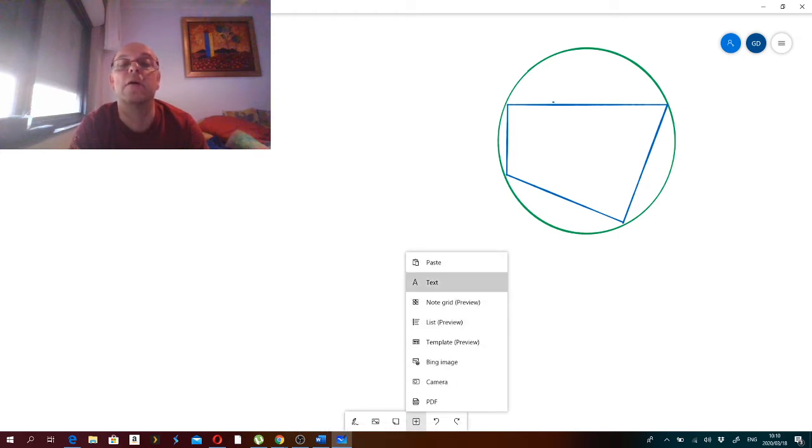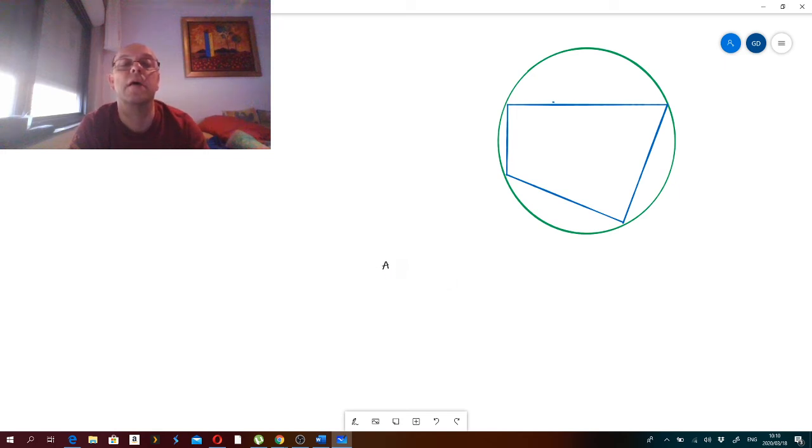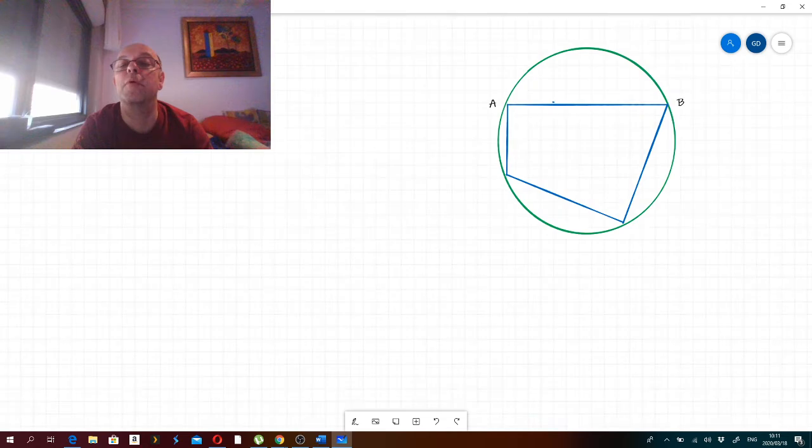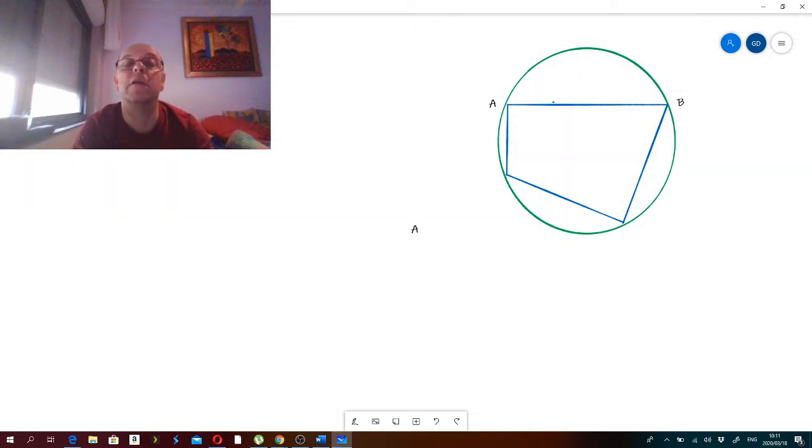So I'm just going to put an A, and let's copy that and make this one B. And then remember, we always keep things going in a clockwise direction if we're labeling. So this one, let's C, and lastly we want D. So there is our cyclic quad.